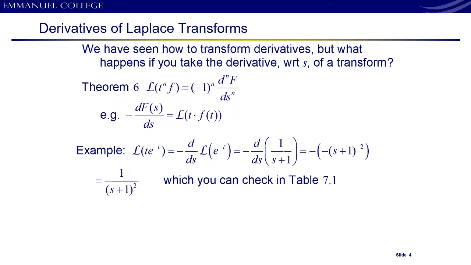This is just pulling in some Calc 1 principles. We get that the Laplace transform of t e to the negative t is 1 over s plus 1 squared. Which makes sense when you think about it, because this is e to the negative t, so there's our shift of 1 in there. And if you went back and looked at how Laplace transforms of t go, it would make sense looking back and forth between them.